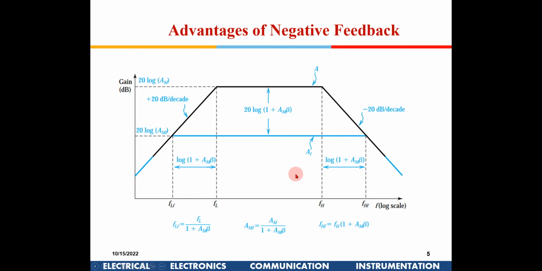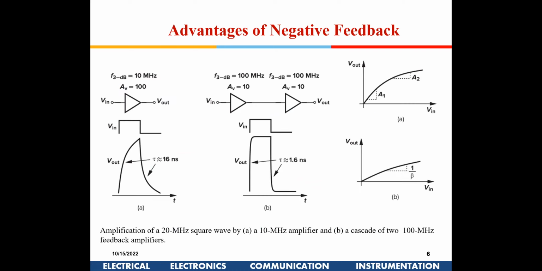Okay, so let's see, there are more advantages. Suppose I have an amplifier with 10 megahertz bandwidth and a high gain of 100. That is one option. I am sending a square pulse. My total requirement is a gain of 100.